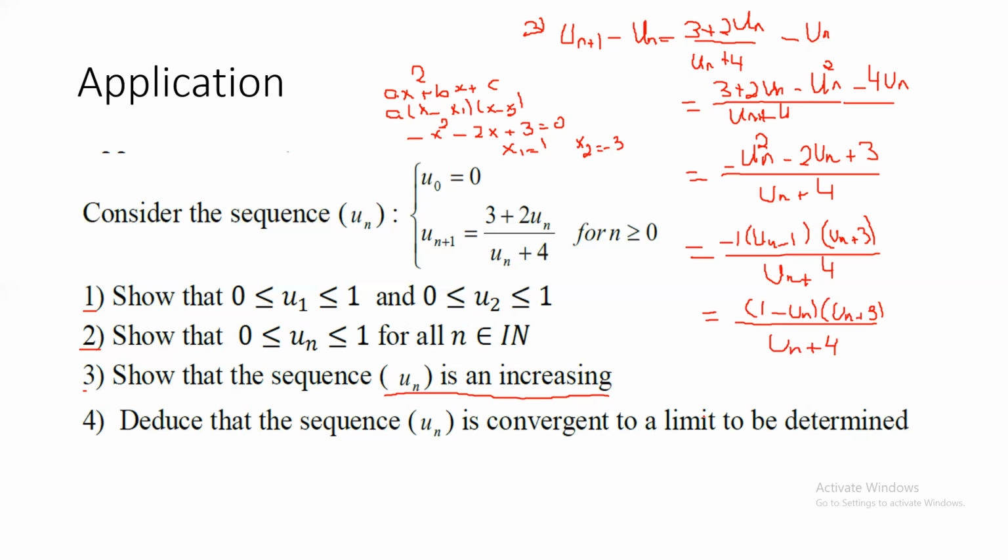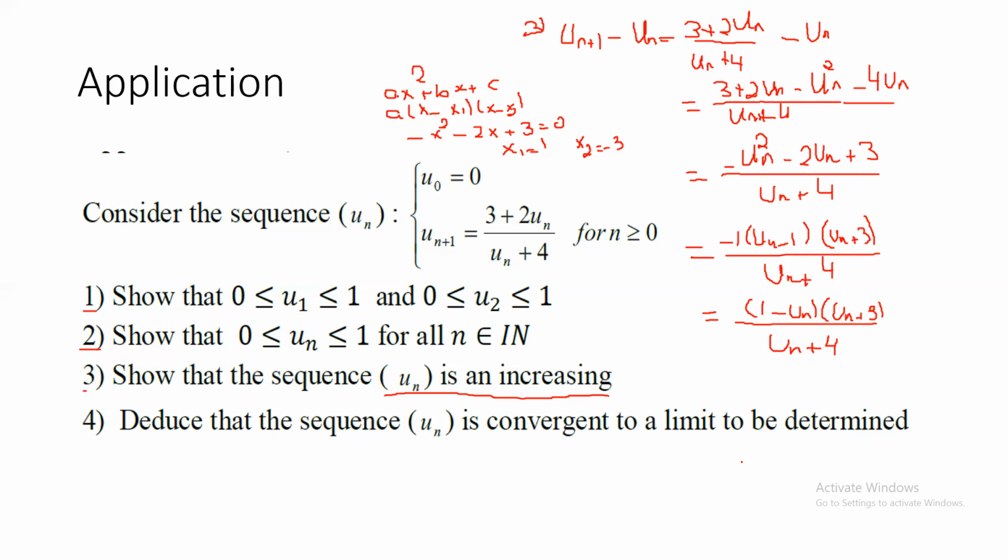Positive. ليش positive؟ لأنه هو قايل show that UN is increasing. بس how to prove it is positive؟ عملنا proof for UN is between 0 and 1. وهون كله positive.